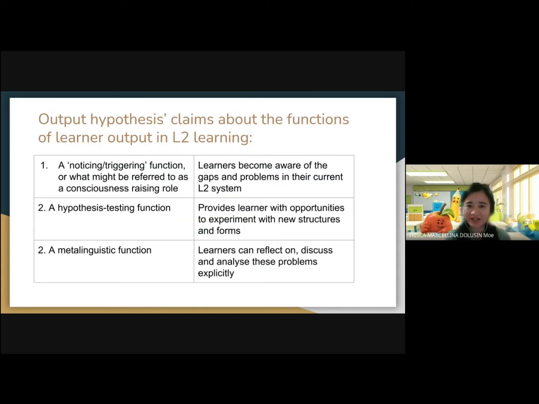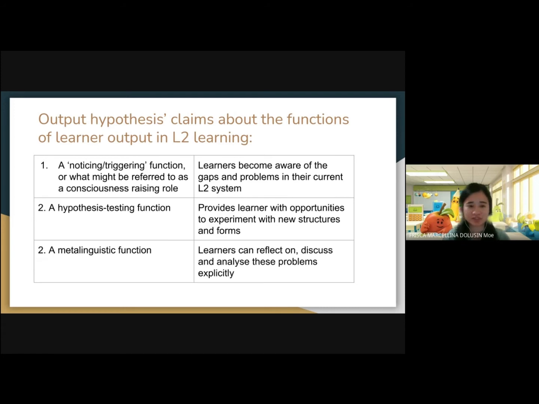There are some claims about the functions of learner output in L2 learning. Number one, a noticing and triggering function, or what might be referred to as a consciousness-raising role. Because you use it and then the teacher gives feedback, the learners become aware of the gaps and problems in their current L2 system. The second is the hypothesis-testing function. When they use it, it's an opportunity for them to experiment with the language and with new structures and forms.